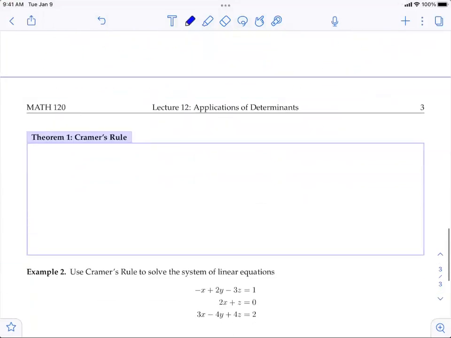Now we're going to generalize this rule for the case of n linear equations with n variables.